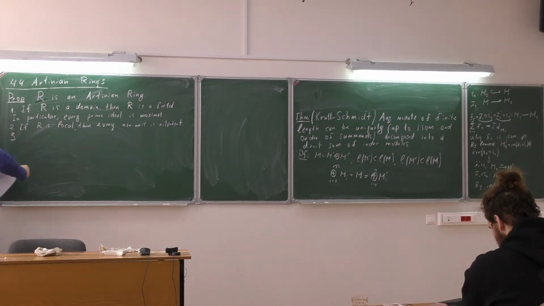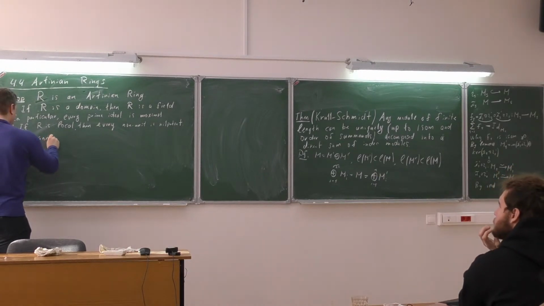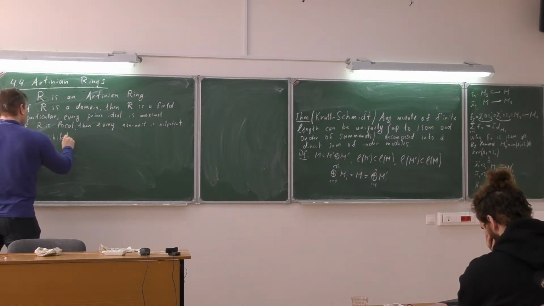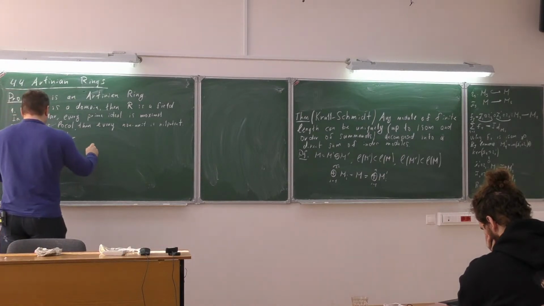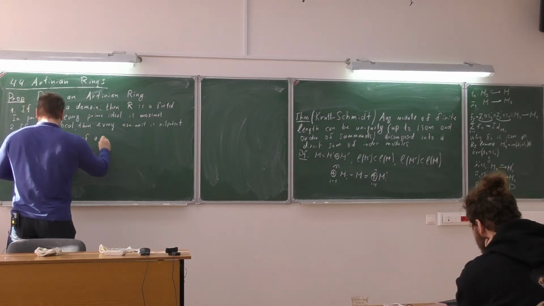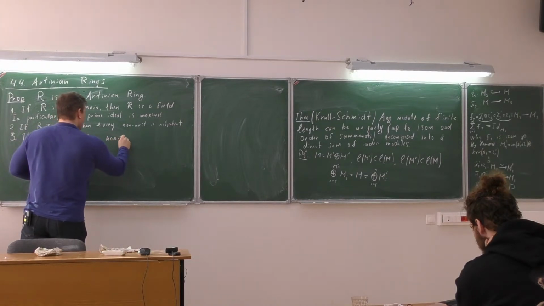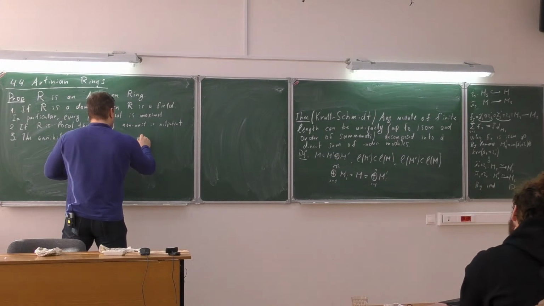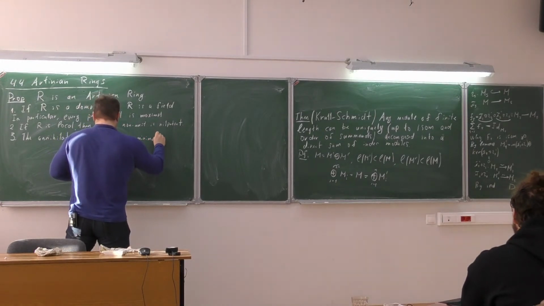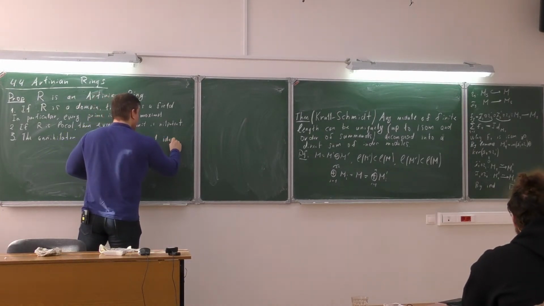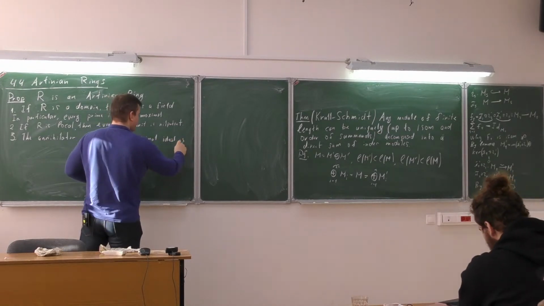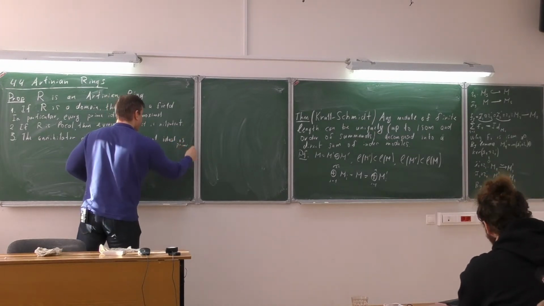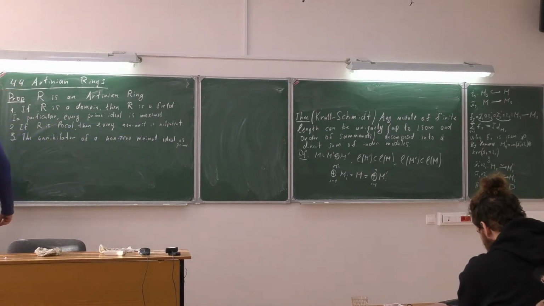So 3. The annihilator of a non-zero minimal ideal is prime. 4.